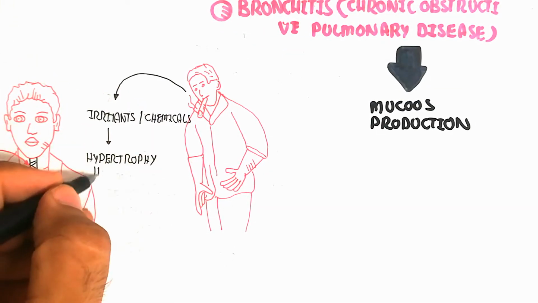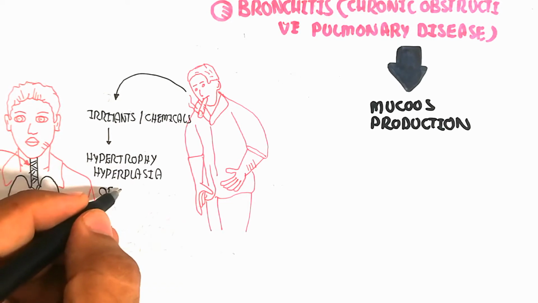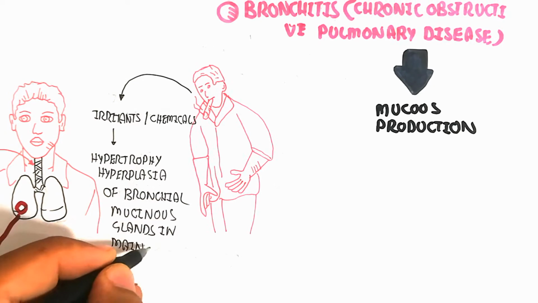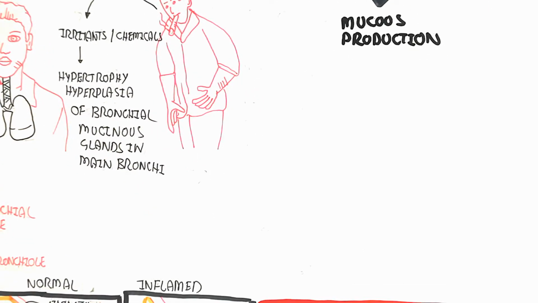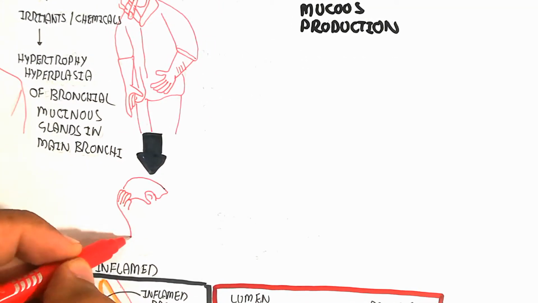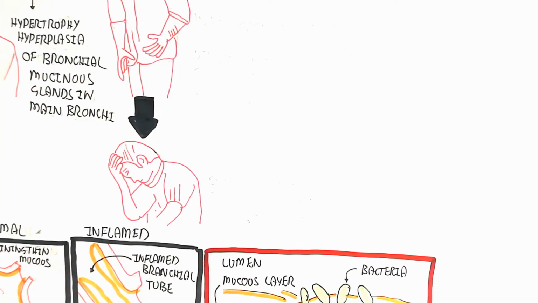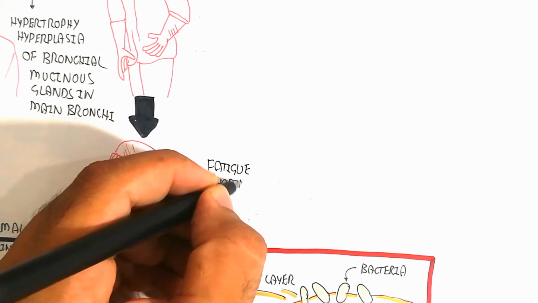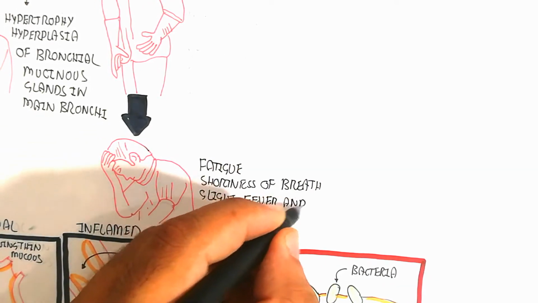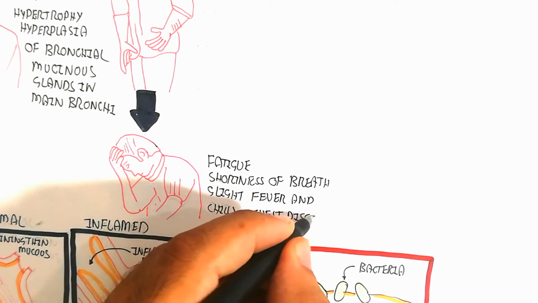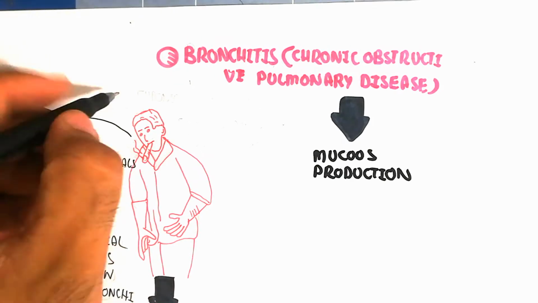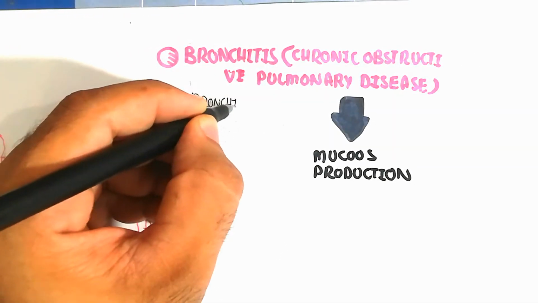So this was the layer of the bronchiole, the pipe of the bronchiole. Here a smoking person inhales irritant chemicals, which lead to hypertrophy and hyperplasia of the glands and cells, and the bronchial mucinous glands in the main bronchi increase. On the other hand, damage to the cilia leads to an inability to clear the mucus, which leads to fatigue, shortness of breath, light fever, chills and chest discomfort.